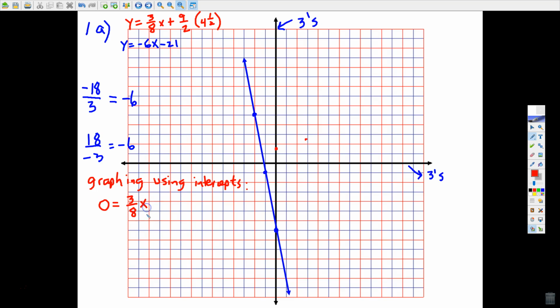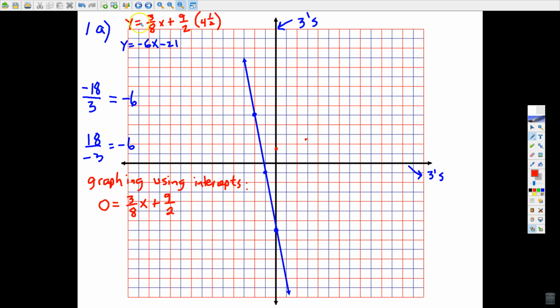Anytime you want to find the x-intercept, just plug 0 in for y and solve for x. Easy enough, because that's really what you did when you found the y-intercept. You plug 0 in for x, and this whole term becomes 0, and you get y is equal to 9/2.